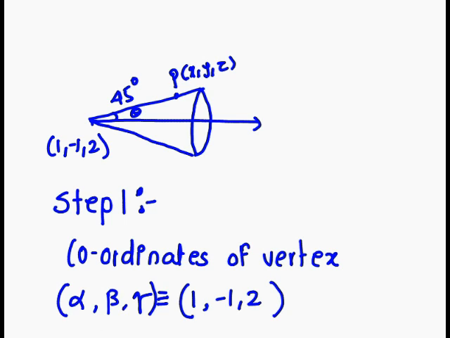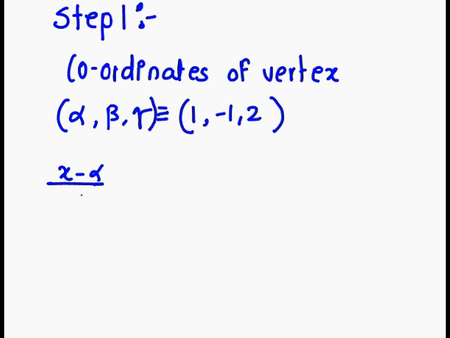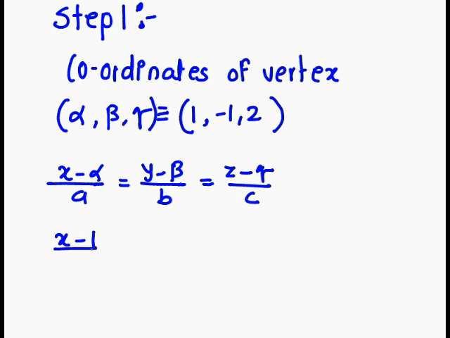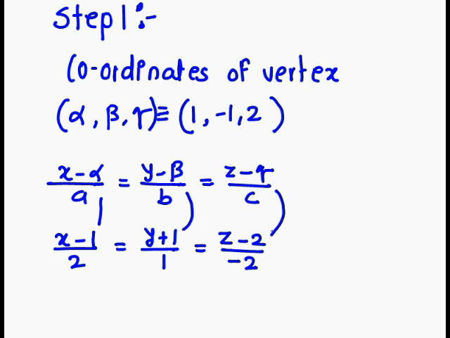If we compare (x − alpha)/a = (y − beta)/b = (z − gamma)/c with (x − 1)/2 = (y + 1)/1 = (z − 2)/(−2), we get the values of alpha, beta, gamma from this also. If you observe, we get 1, here we get −1, here we get 2.